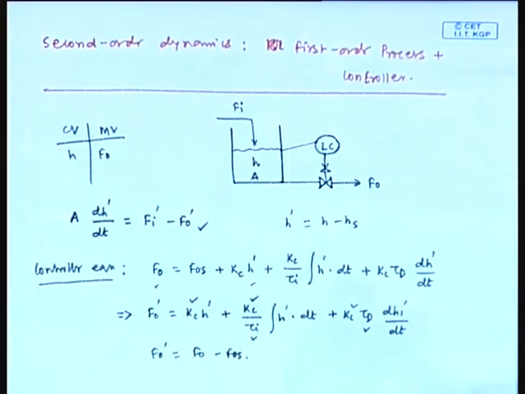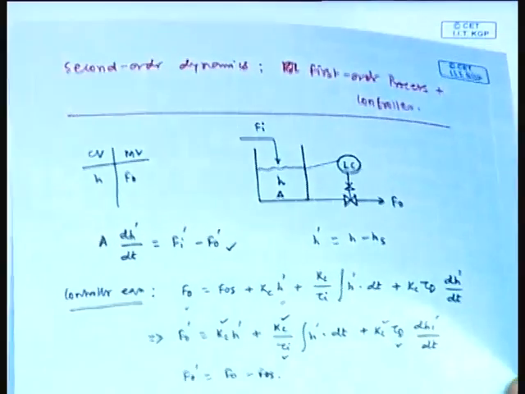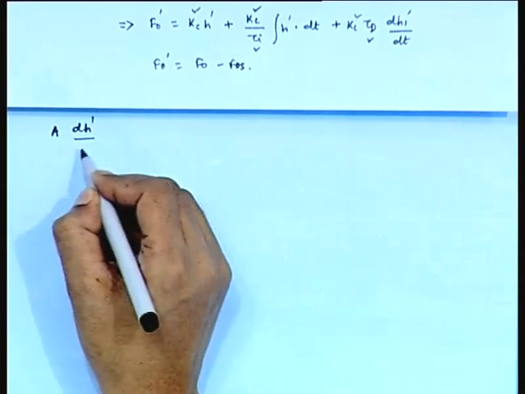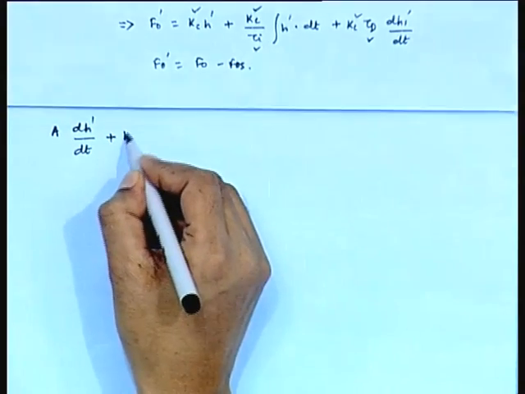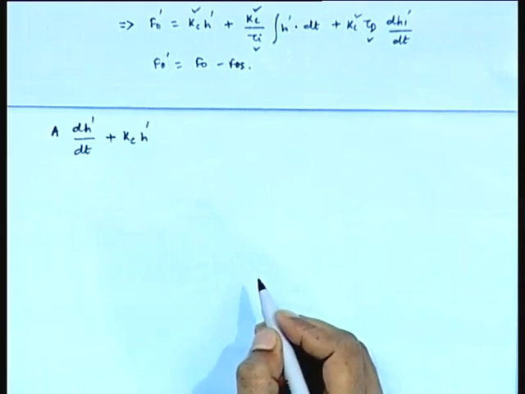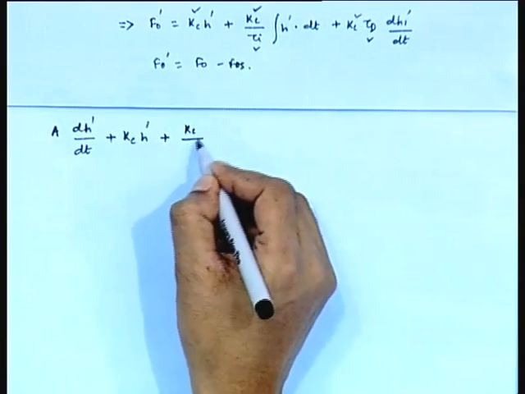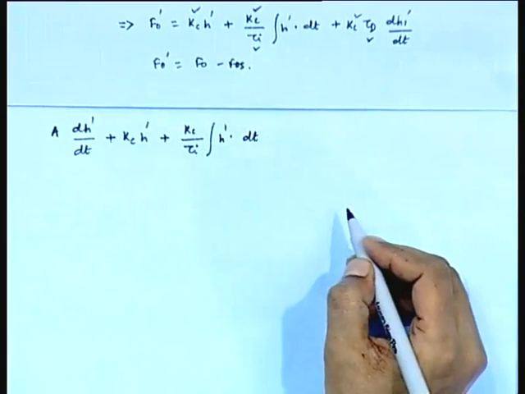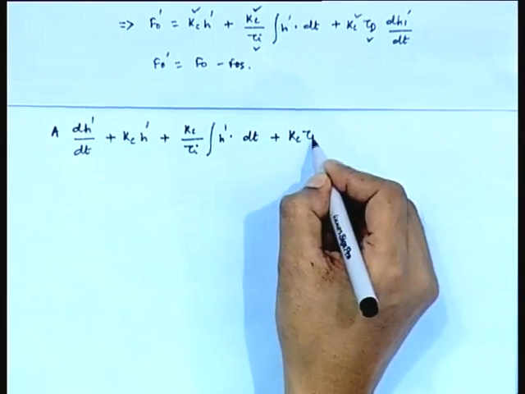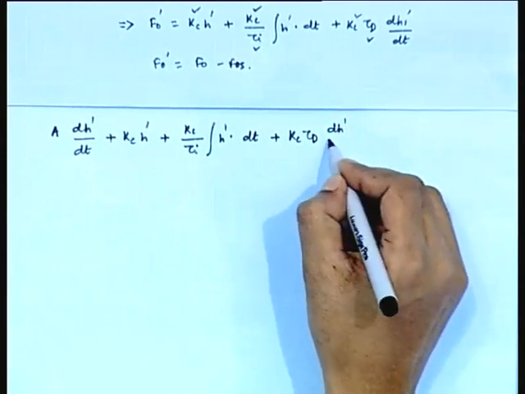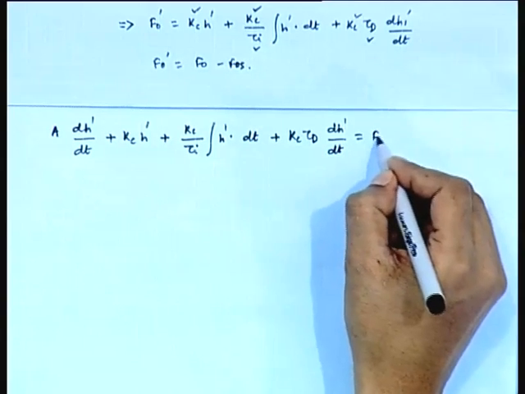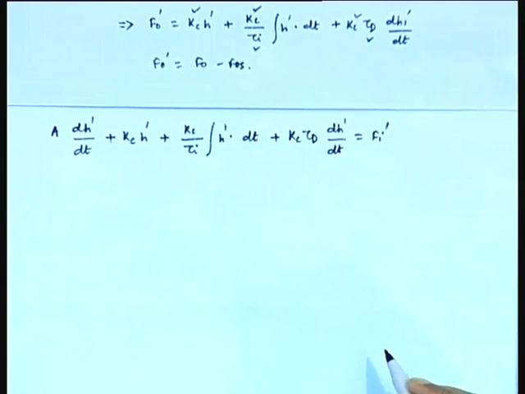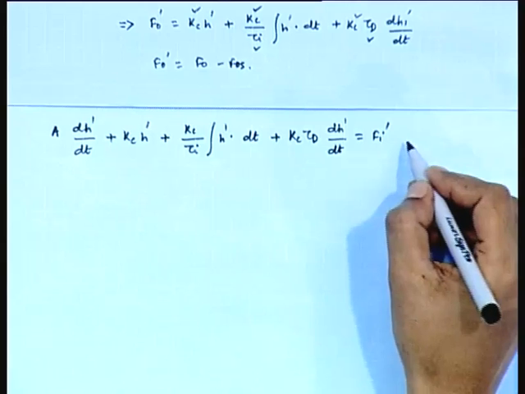By substituting the expression of f naught prime in the modeling equation, we obtain a dh prime dt plus kc h prime plus kc divided by tau y integration h prime dt plus kc tau d dh prime dt equals f I prime.